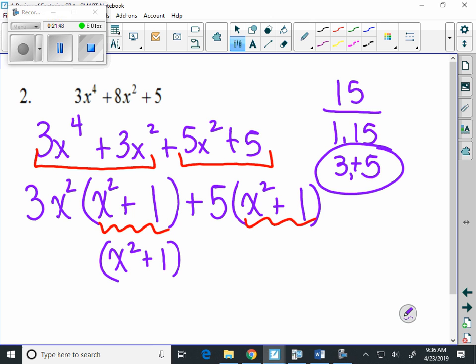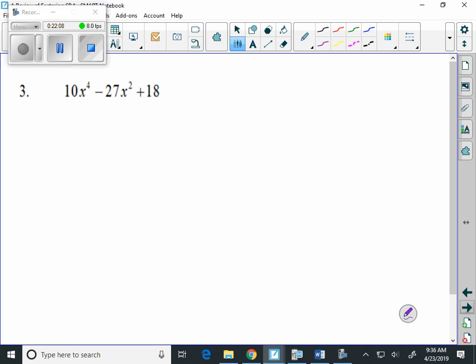And then we also have 3x squared plus 5. Don't forget that we could still have greatest common factor in these types of problems, so we always want to keep our eyes open for that. But we just factored out a quartic, once again, quartic being x to the 4th power.